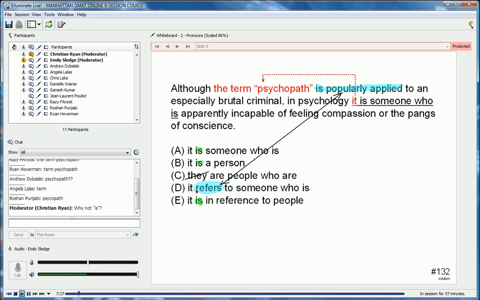And there's another thing that you can do that we haven't named yet, and that is if you are using a pronoun correctly, you should be able to drop the antecedent back in its place and have it make sense. So what I mean by that is in choice A, it's saying the term is someone who is.